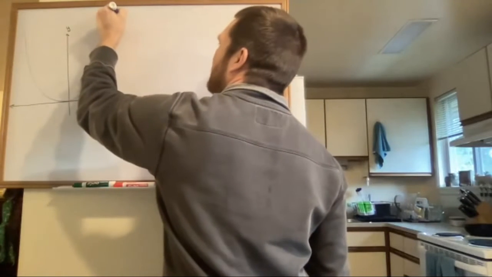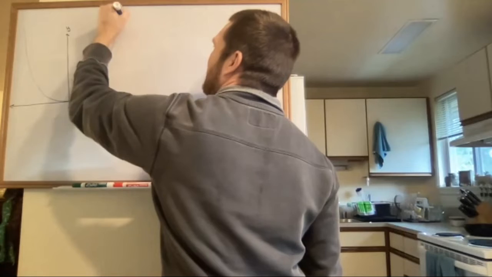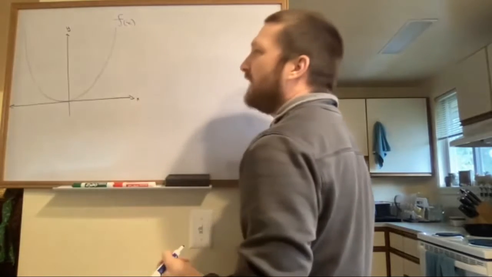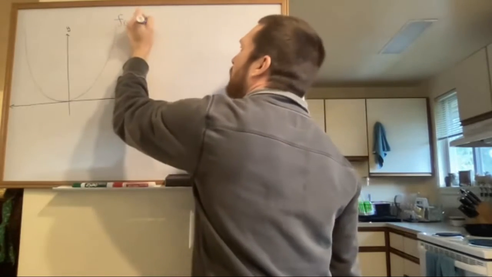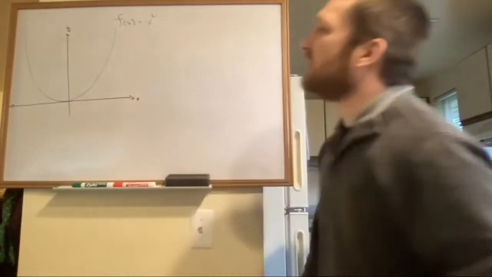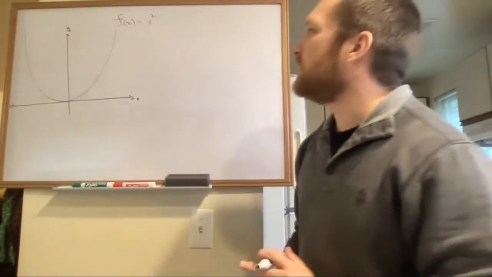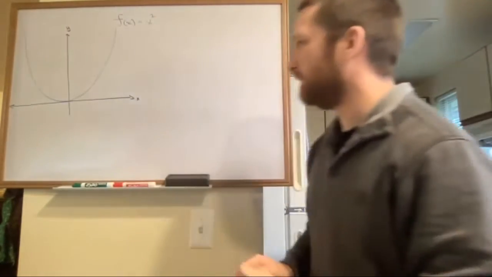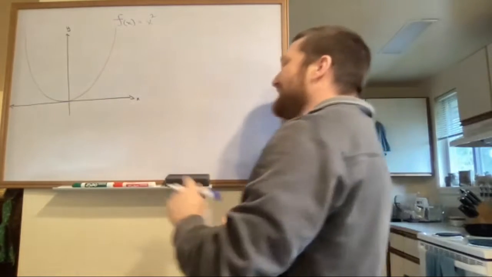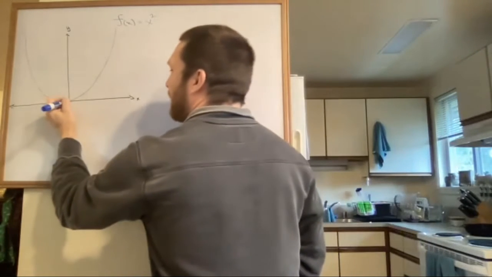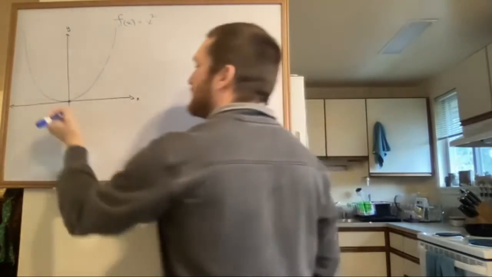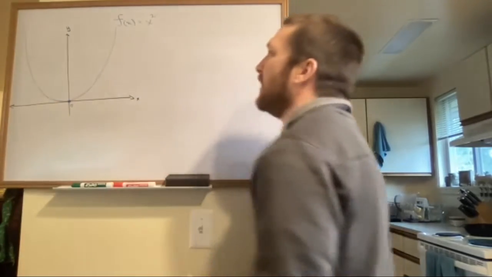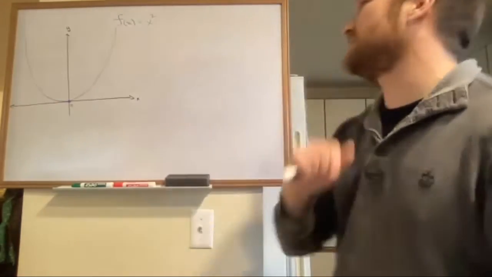I'm going to call this f of x. That is, the output values are equal to x squared. This is a rule which tells me how to get output values for any given input value. When my input is 0, what is my output? 0. Yes. Plug in a 0, you square it, you get out a 0.